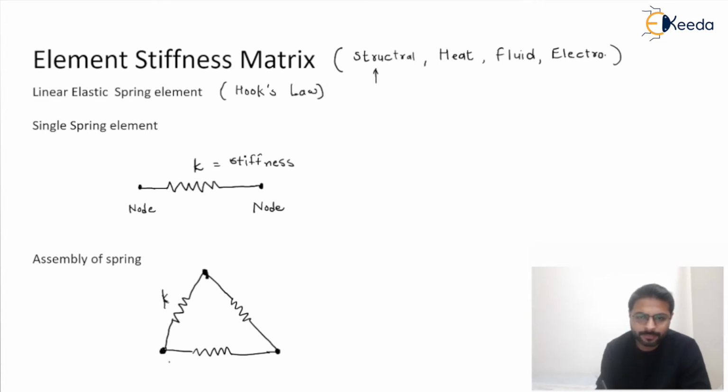For example, between node number 1 and 2 there will be K1, between node number 2 and 3, K2, and between node number 1 and 3, K3. The notation here is a small k. There will be a different notation for a global matrix that I am going to explain in some time.